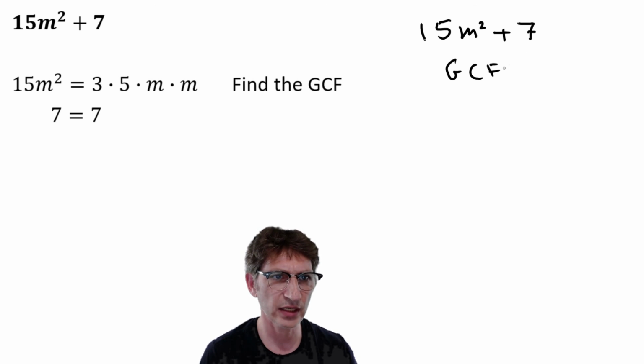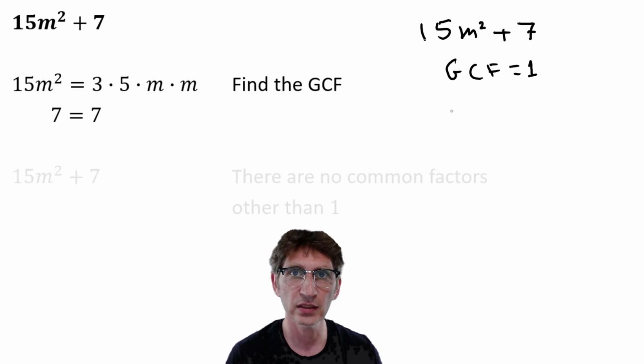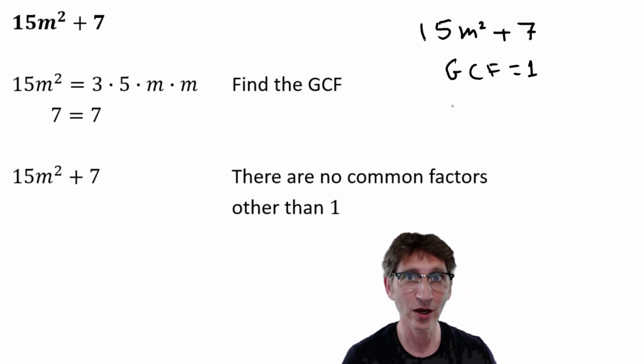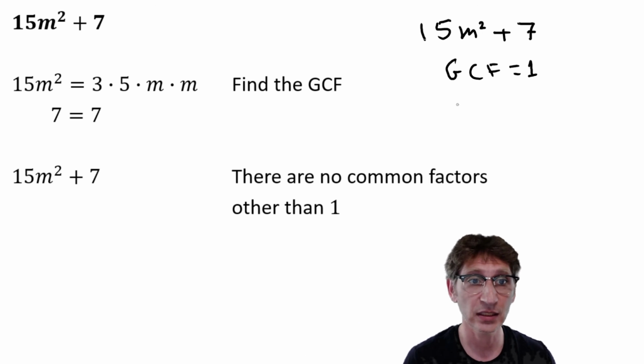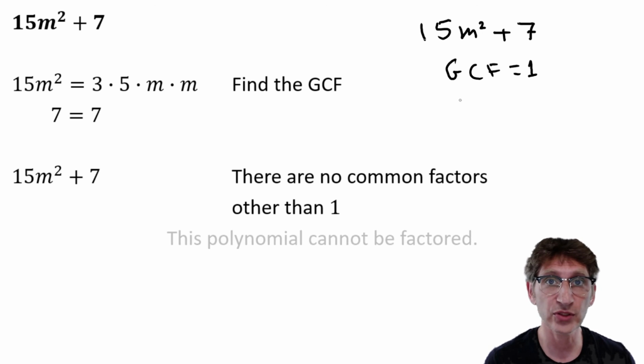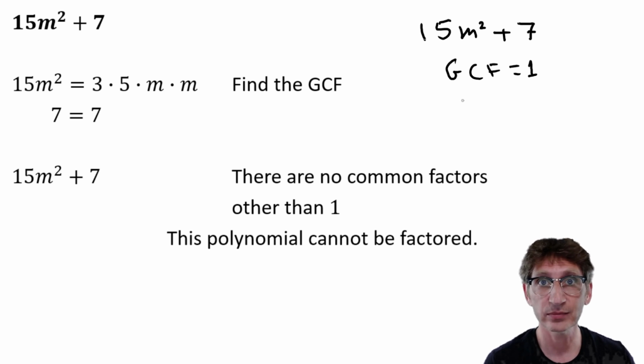So it looks like the greatest common factor is just 1, meaning this polynomial can't be factored anymore. We're done. That's it. When the greatest common factor of all the terms is just 1, you're done factoring. Move on to the next problem. That's how to factor the greatest common factor out of a polynomial.